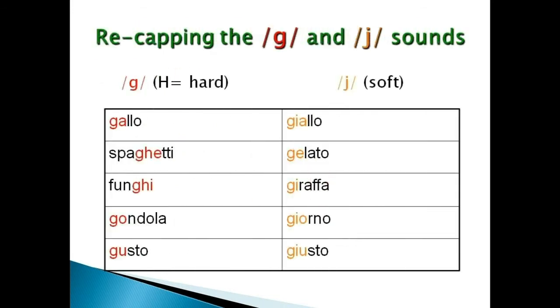So we are now ready to recap the J and the G sounds. Repeat after me each pair of words. Gallo, giallo. Ga, ja. Spaghetti, gelato. Ge, je.